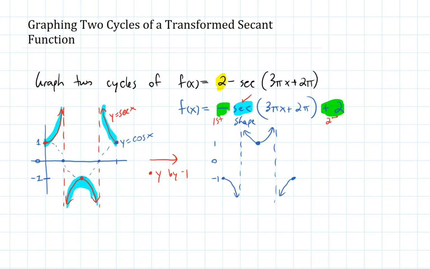And then the second y transformation is to add 2 to the y's. What that's going to do is change this 1 to a 3, the 0 to a 2, the negative 1 to a 1. So now the bottom of the graph occurs at 1, the middle occurs at 2, and the top occurs at 3.